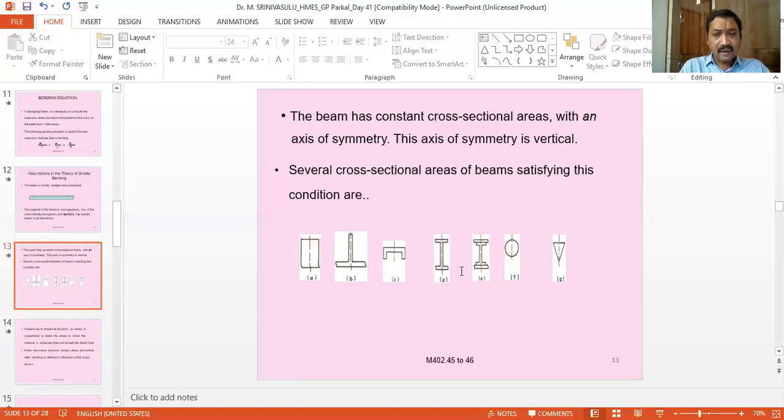This is called the built-up I section. This is a circular section. It is a triangular section. Whatever the shape of the cross section, it must be symmetrical about the y-axis. So the third point is the beam has constant cross-sectional area with an axis of symmetry about the y-axis.